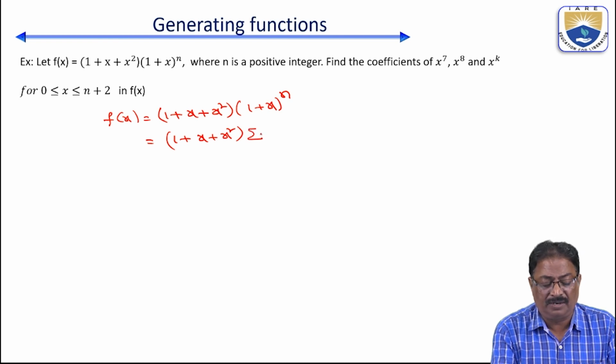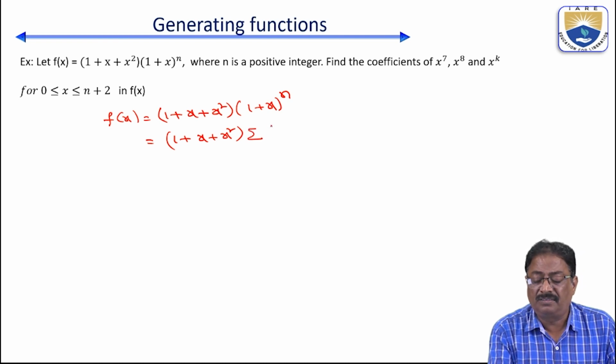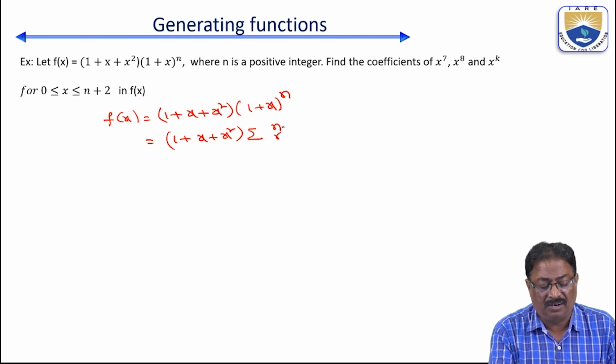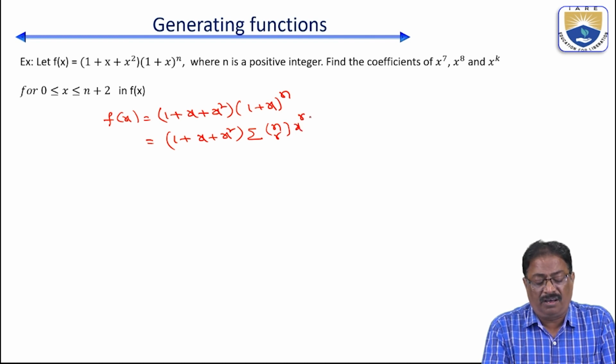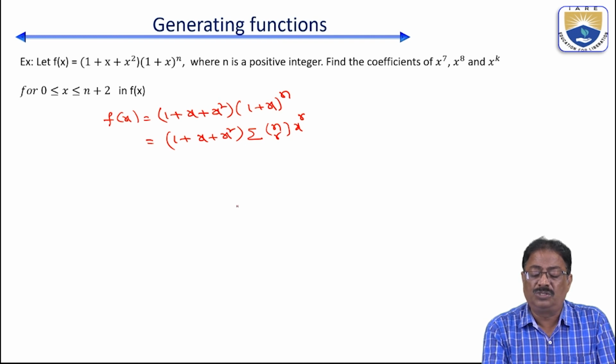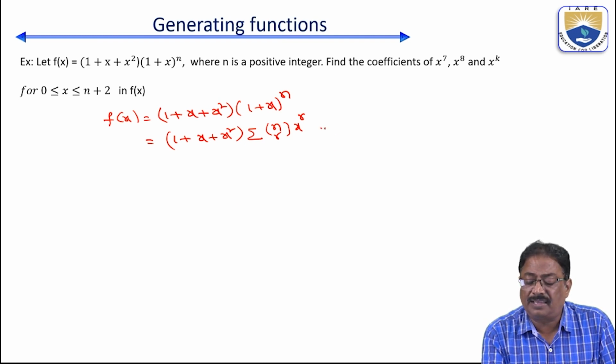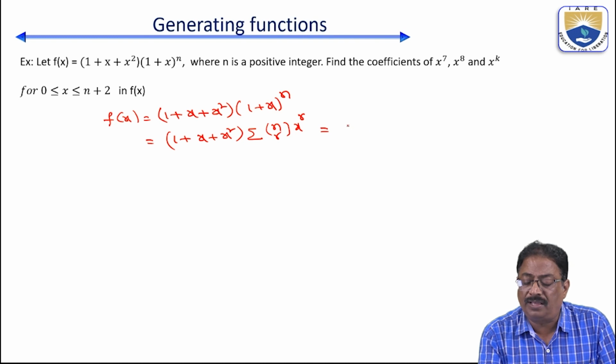Then this is nothing but nCr, and another one I am going to take as x power r, nCr x power r, r equals 0 to n. Then I am going to multiply 1 into this.